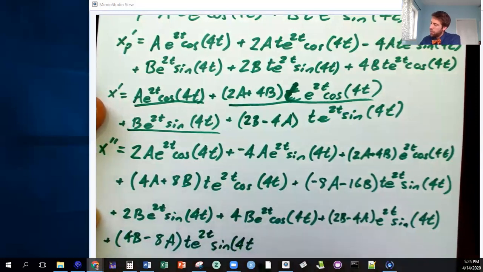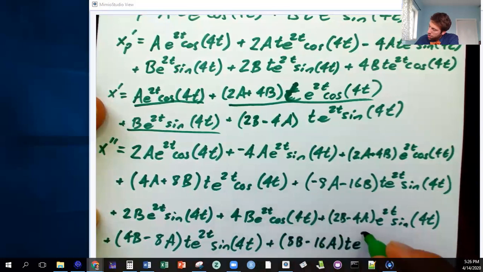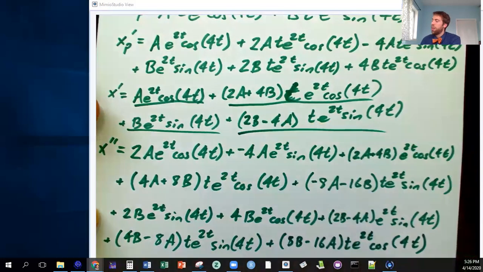And then, oh golly gee, I've got the first two terms and the last term is the trig function, plus 4 times that coefficient term, so 8b minus 16a times t e to the 2t cosine of 4t. And I finished that term.